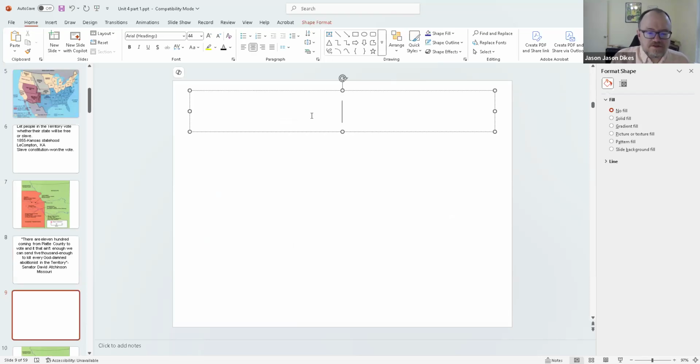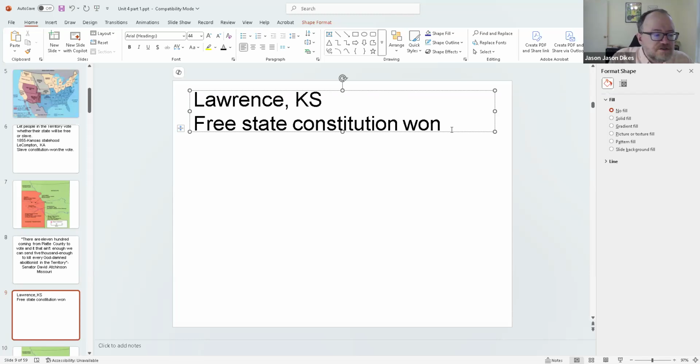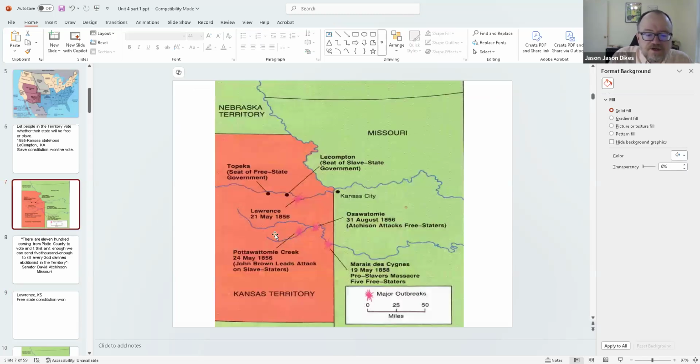This led some people in Kansas to hold a second election where the Free State Constitution won. And so now Kansas has two constitutions. As you can see here, it has two capitals.